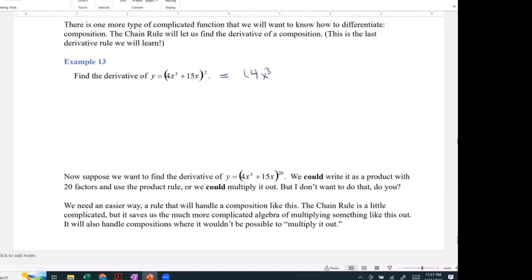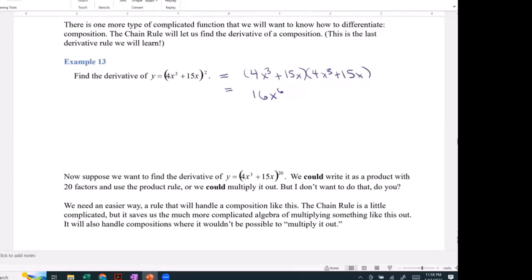4x cubed plus 15x times 4x cubed plus 15x, which is equal to 16x to the 6th. First times first, outer times outer.